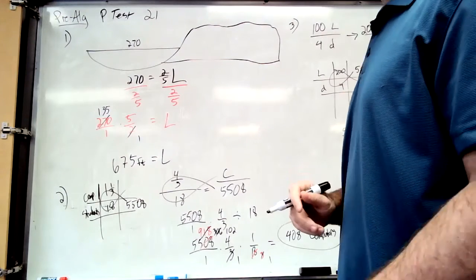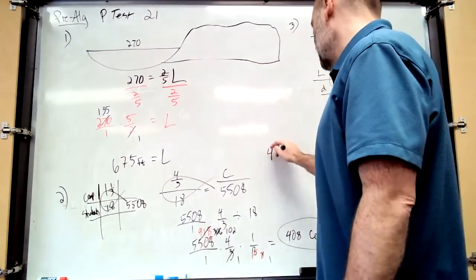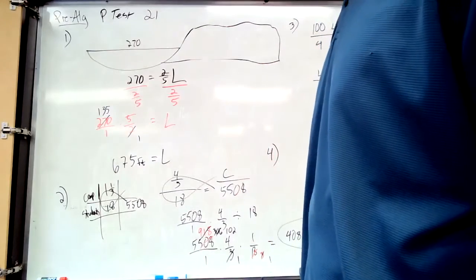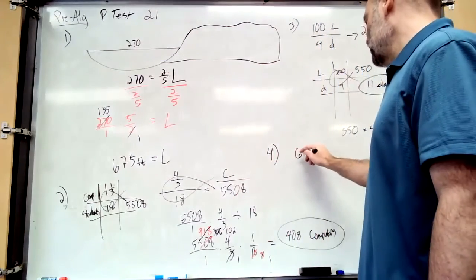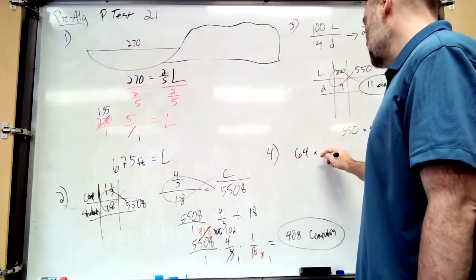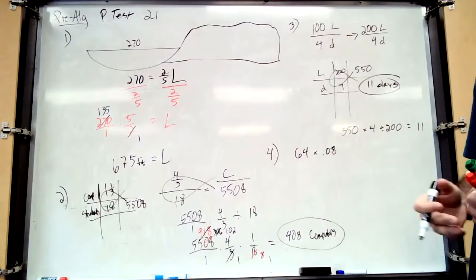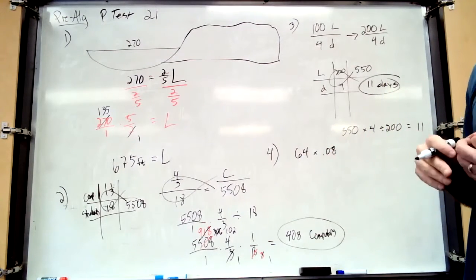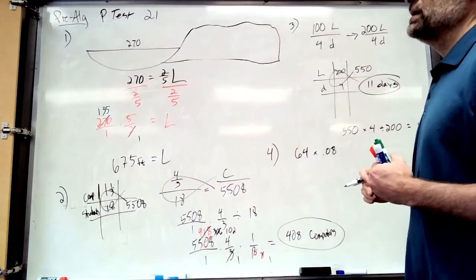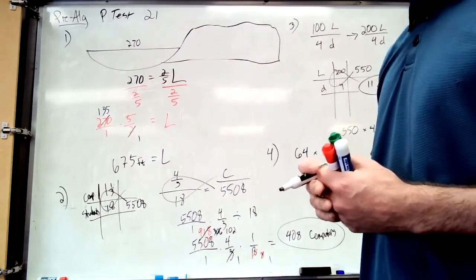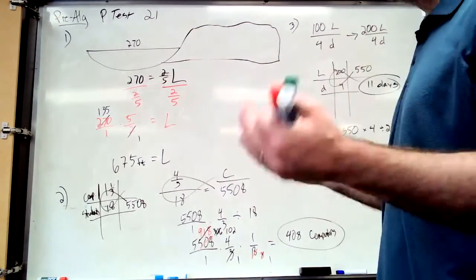All right, number 4, sales tax is 8%. So we just need to calculate the total price. So $64 times 0.08. That's going to find 8% of $64, and then you add that to the $64 price. Okay. Oh no, it's just asking for sales tax. So you don't need to know the total price.